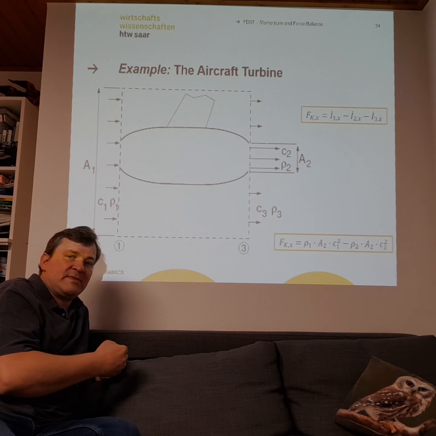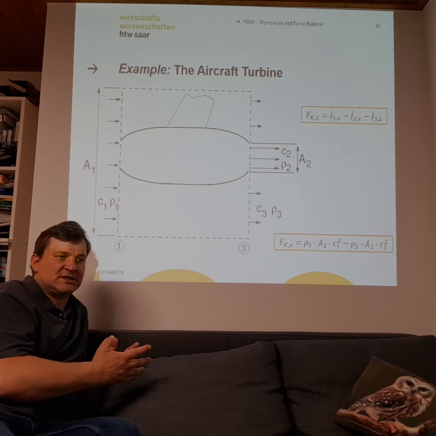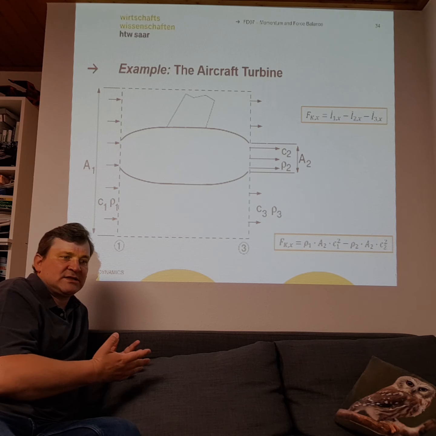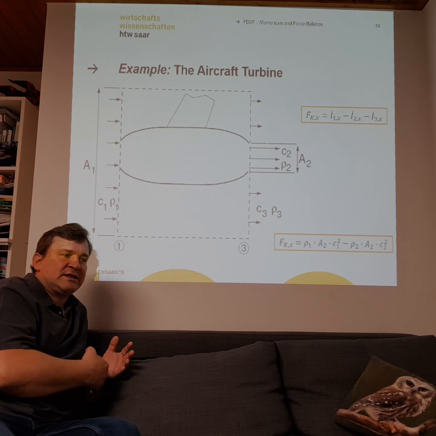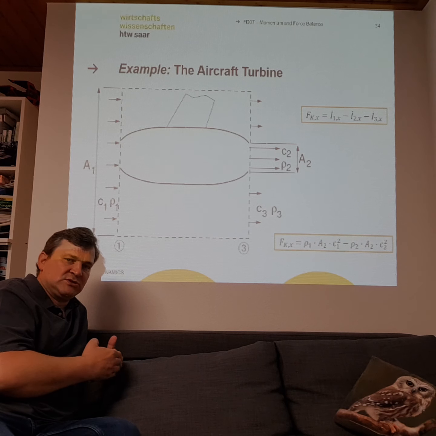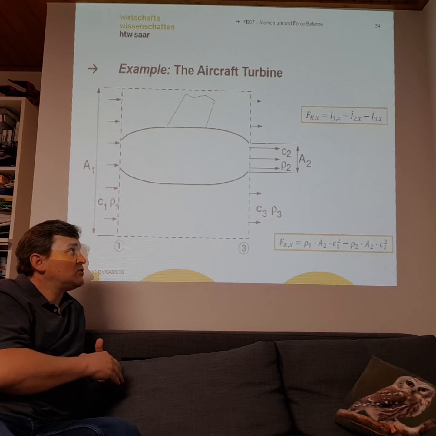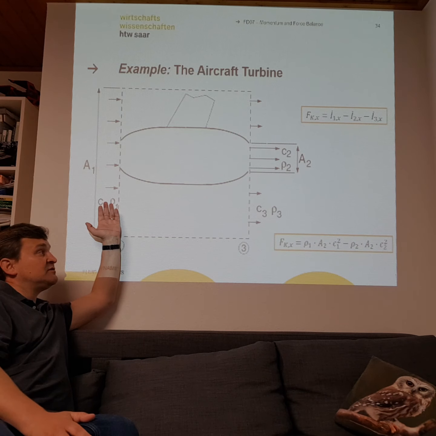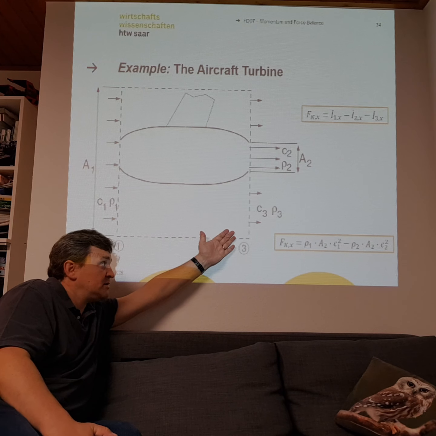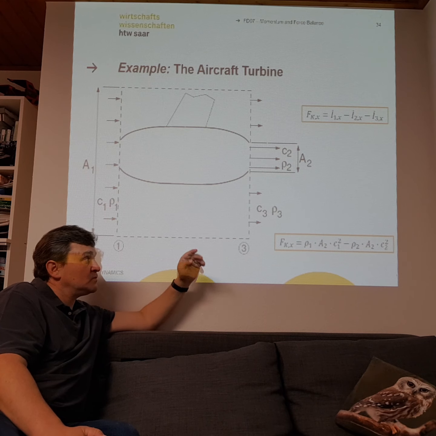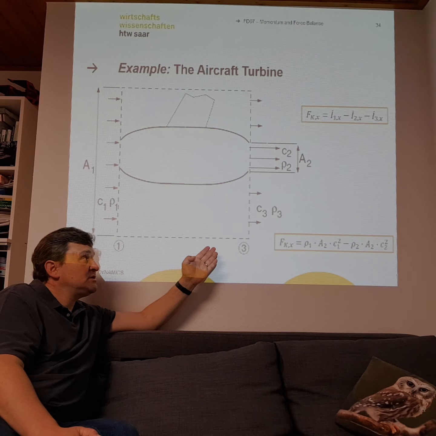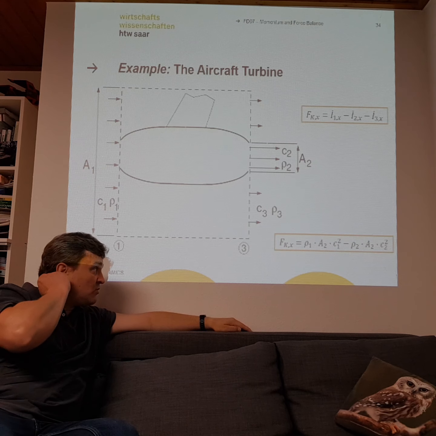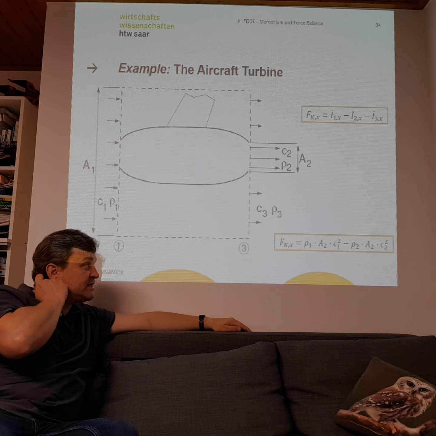Before, if you remember the Pelton turbine or this inclined plate, we always had constant densities. Now the density will change. And also, as we bypass fluid flow around the turbine, we have another velocity. We have to take this velocity also into account for our balance.